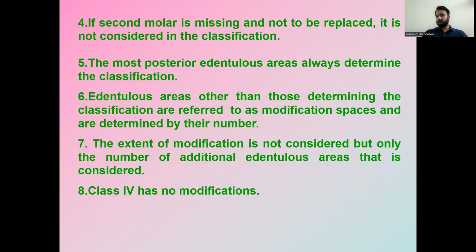So in a condition like, let's say, if 36 is missing and also 31 and 32 are missing, it will not be considered as class 4 mod 1. It will be considered as class 3 mod 1 because class 4 has no modifications.